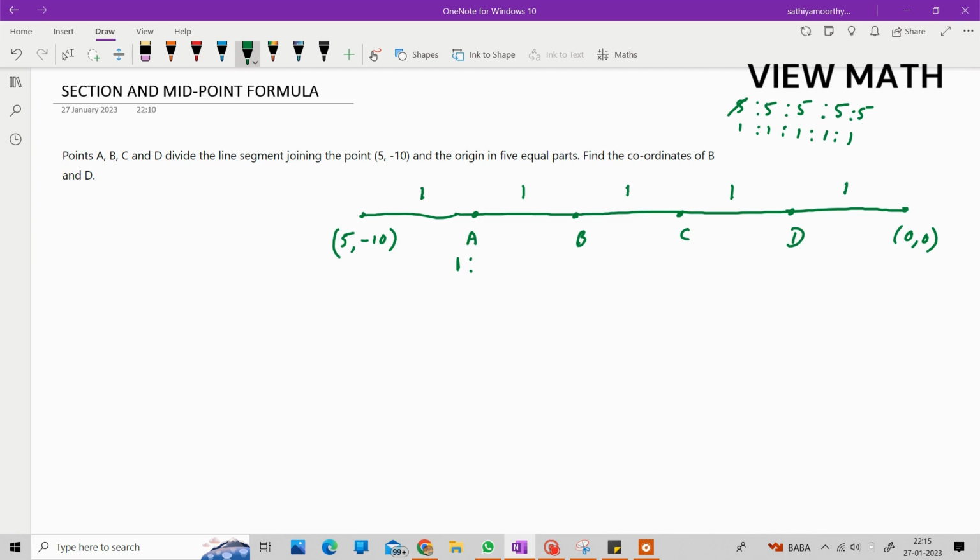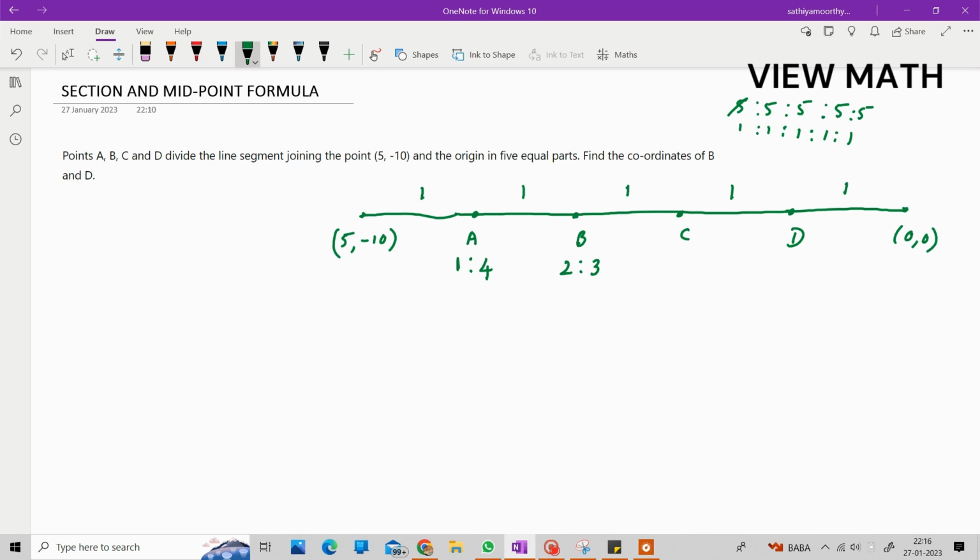So A divides the line segment in the ratio 1 is to 4. This is the meaning of it. Now if we take B, the left side of B we have 2 parts and the right side of B we have 3 parts. So B divides the line segment in the ratio 2 is to 3.